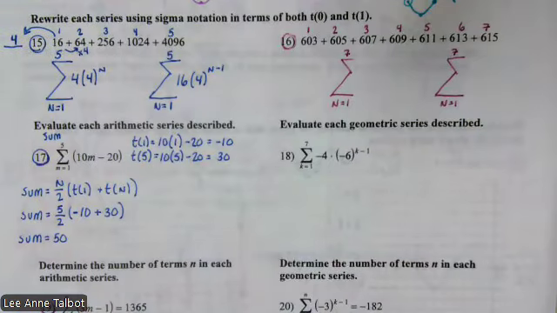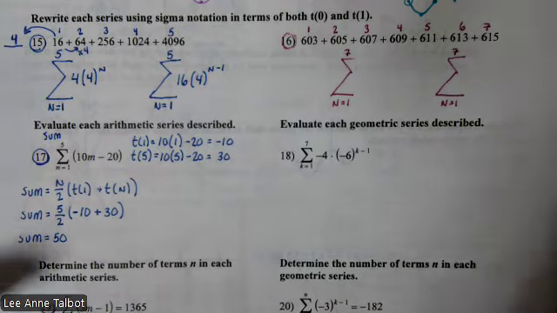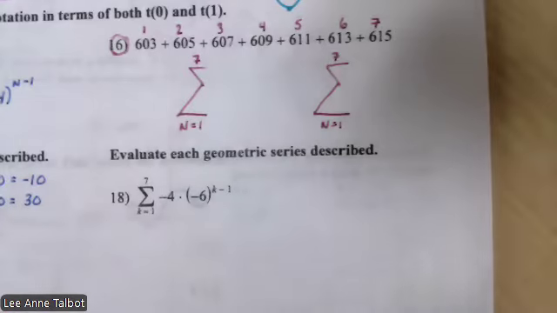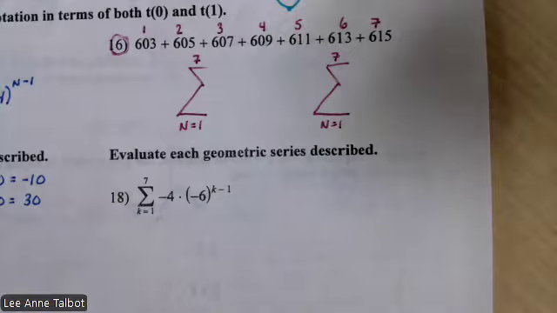So on both of my sigmas, I'm going to go from 1 to 7. Everybody good so far? So I drew two sigmas and I counted the terms.